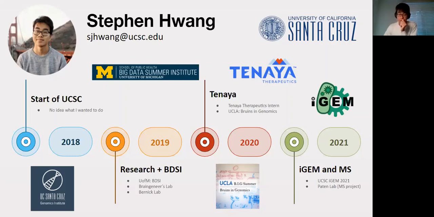So a couple of pieces of advice that I found pretty useful: don't pre-screen and pre-filter yourself. This applies to a lot of applications to programs, internships, and lab positions. You don't want to oversell yourself, but oftentimes job positions will list more requirements and more things that they're looking for.